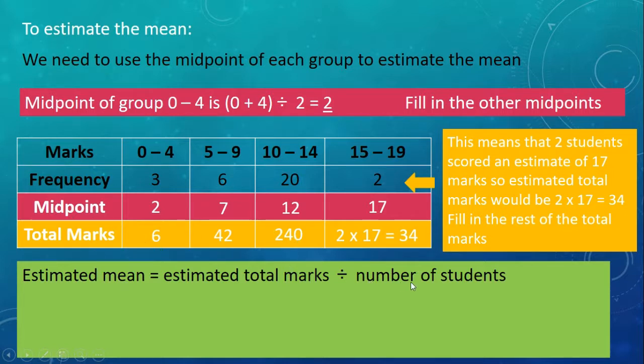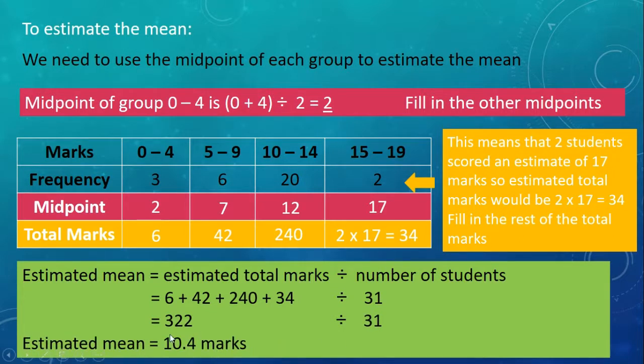We know there are 31 students in total. Our estimated total marks is our marks added together, so our 6 and our 42 and 240 and 34, and then we need to divide that by 31. So the total of 322 divided by 31 gives us our estimated mean of 10.4 marks.